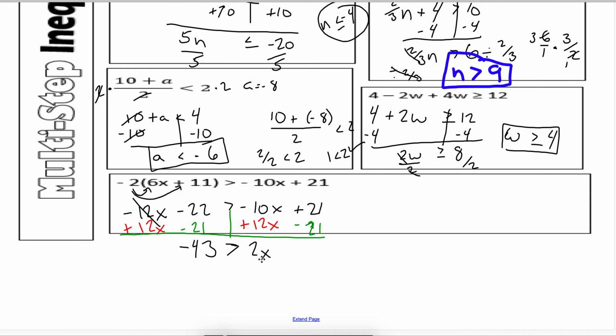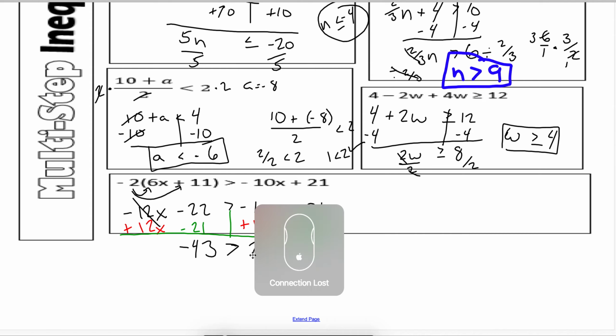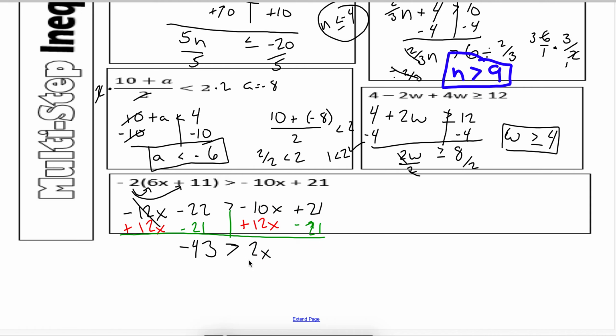All right, let's go through our next one. Well, this isn't the greatest because this is an odd number and this is an even number, so we have to divide by 2. And we get negative 43 over 2 is greater than x. And you're done. We're just going to leave this as an improper fraction, just because it's easier that way.